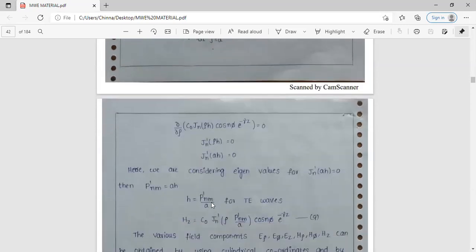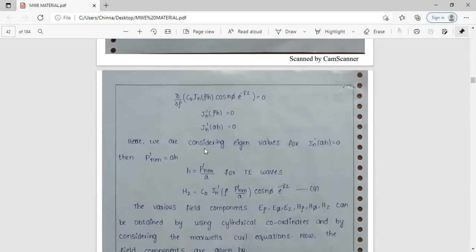So you can write the above expression Jn'(ρh) is equal to 0. So in ρ's place we take a, the radius. So Jn'(ha) is equal to 0. So we are considering the eigenvalues for Jn'(ha) is equal to 0.